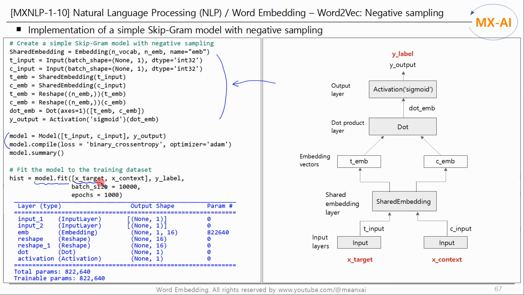Input the target words into the first input layer and the context words into the second input layer. And then we output the labels to the output layer. The batch size is set to 10,000 and the epoch is set to 1,000.